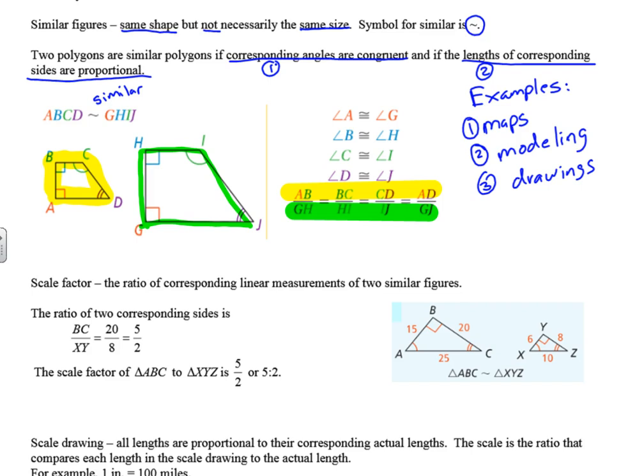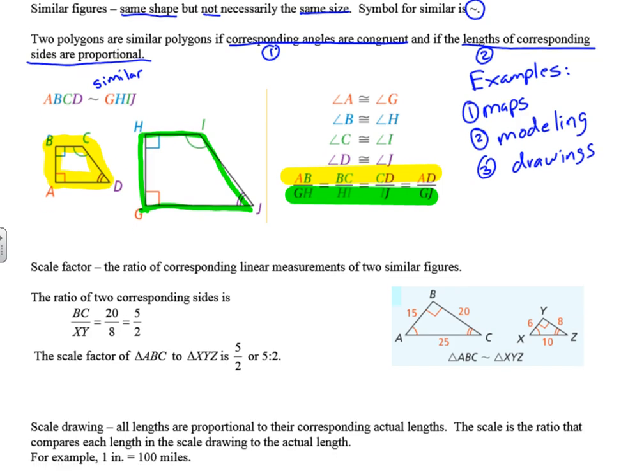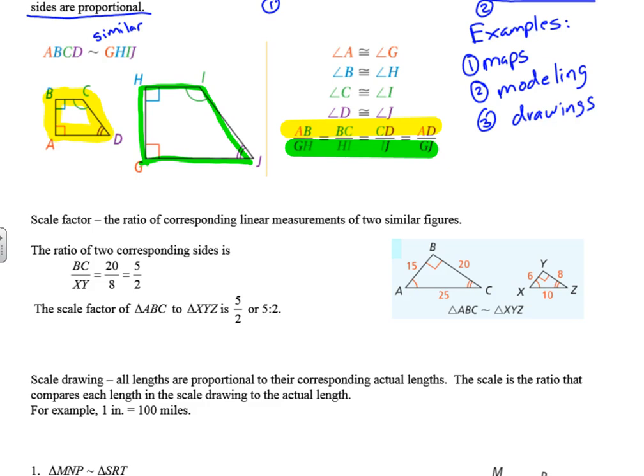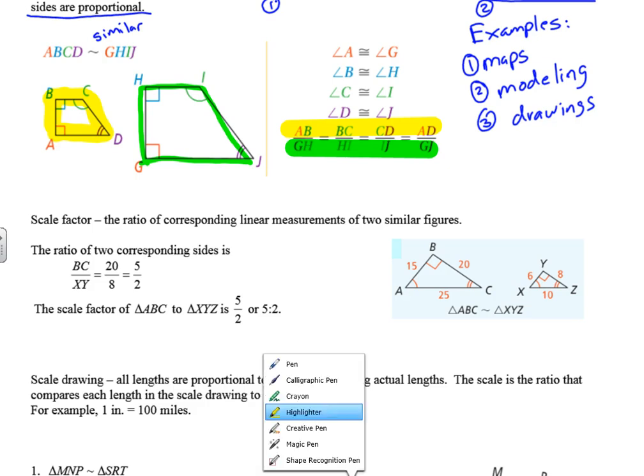So the scale factor is the ratio of corresponding linear measurements of two similar figures. So the ratio of two corresponding sides, in this example, we've got triangle ABC similar over here.